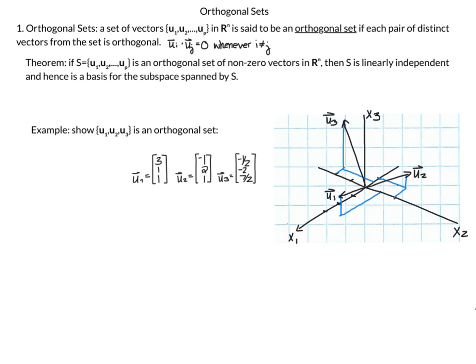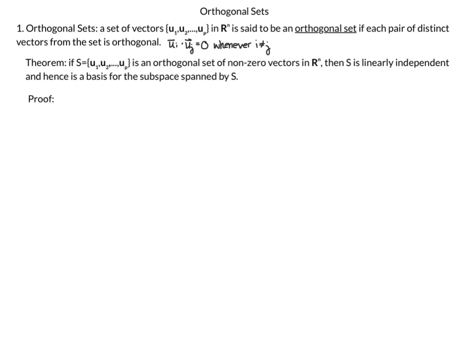So it would be a change of coordinates, a change of basis from our normal standard basis for R3, which is the i, j, and k direction. And now we are ready to start the proof.